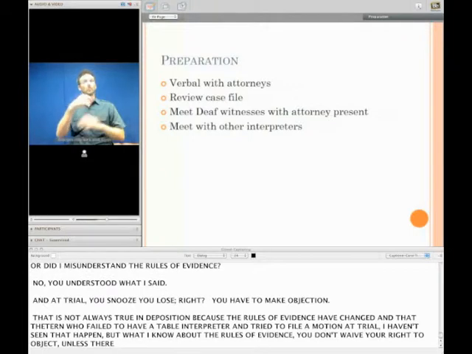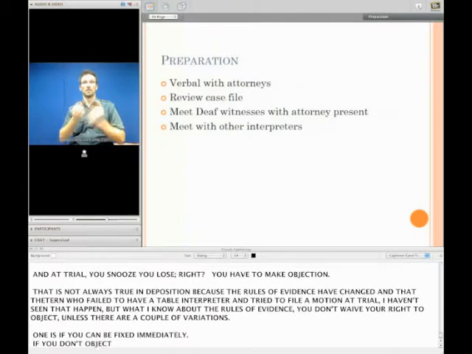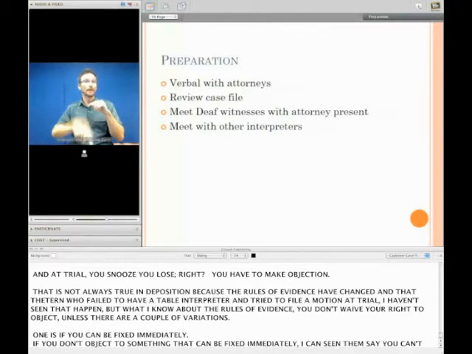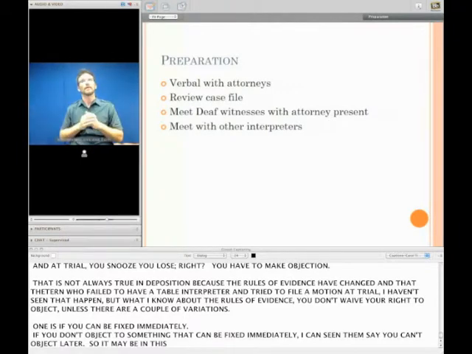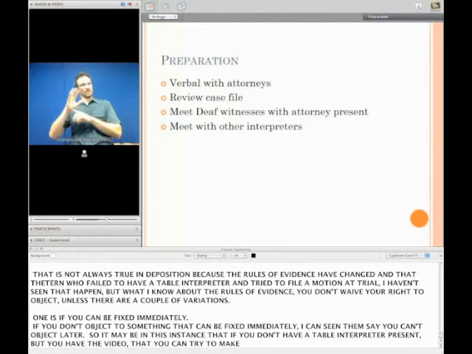One is unless it can be fixed immediately. If you don't object to something that can be fixed immediately, then I've seen them say you can't object later. So it may be in this instance that if you don't have a table interpreter present but you have a video, that you can try to make an appealable issue at a trial.